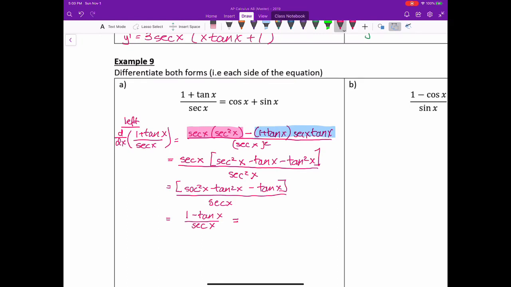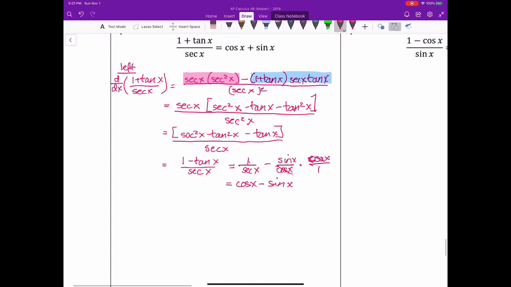So let's see, we get 1 over secant of x minus essentially tangent of x, which is sine of x over cosine of x, divided by secant of x means multiply by the reciprocal, which is cosine of x over 1. These guys cancel out, so I end up with 1 over secant of x is cosine of x minus sine of x. Okay, that's cool.